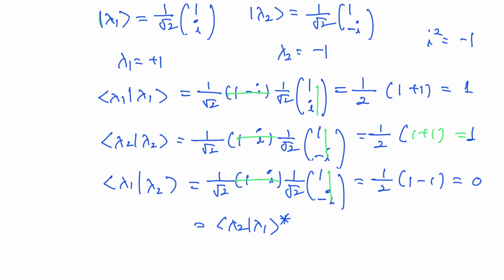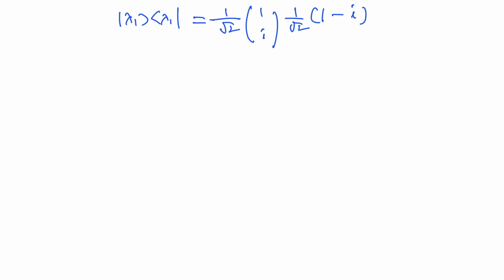Did I make any mistake? Right. 1 over square root of 2, this is i. 1 over square root of 2, this is minus i, right? So we have 1 over 2, (1, -i, i, 1).